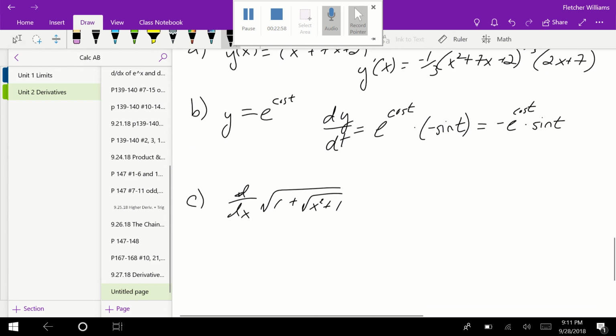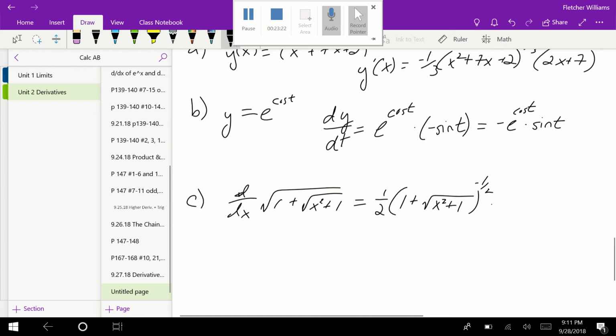Last one's a little involved, so multiple chain rules. First, you've got a square root. That means 1/2 times everything on the inside to the negative 1/2. Now times the derivative of the stuff on the inside.